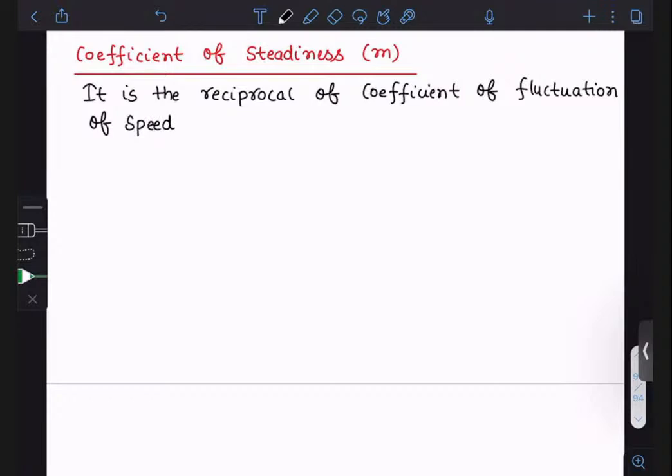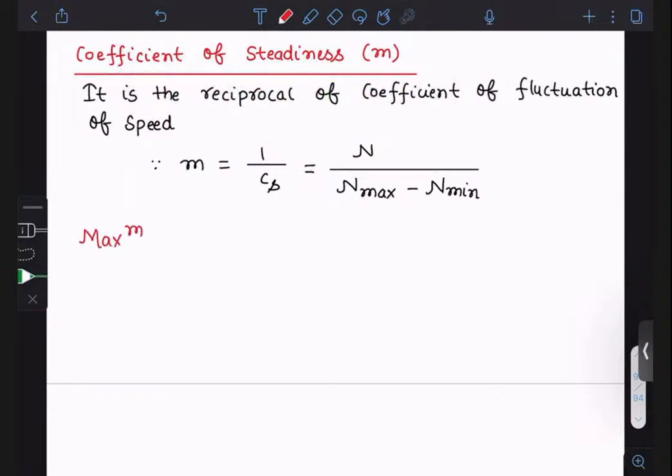Right? So we denote M is equal to 1 by CS, which is N upon N max minus N minimum. Correct, my dear? N upon N max minus N minimum. N is your mean.